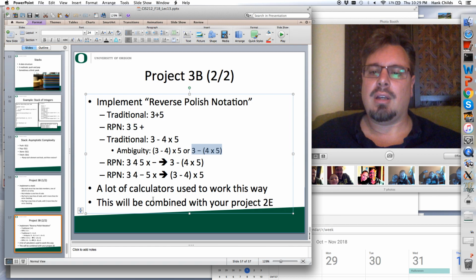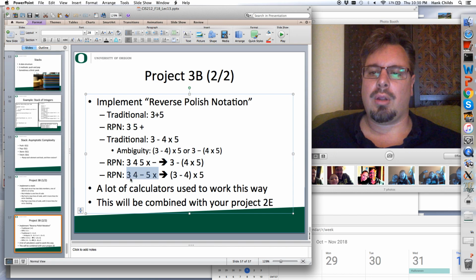And so the idea is to take your 2e. You're going to get arguments like this, and so as you're calling a dot out, 3 would be argv of 1, 4 would be argv of 2, minus would be argv 3, 5 would be argv 4, and the x would be argv 5.